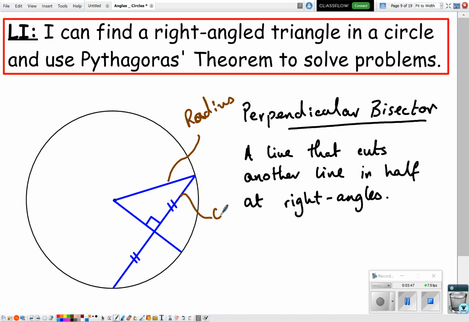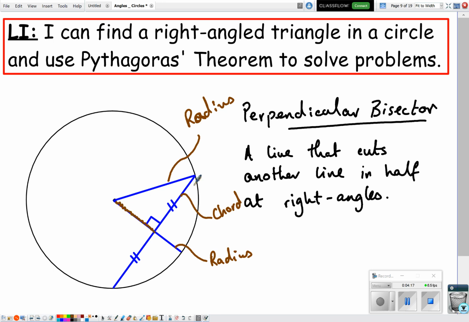So that can be quite a useful thing to remember as well. We've got our chord here, and this line here is another radius. This is quite useful because we're using the right angle triangle here. If we had enough information, we could do things like finding the height of this right angle triangle.